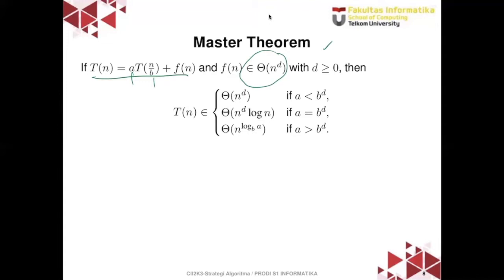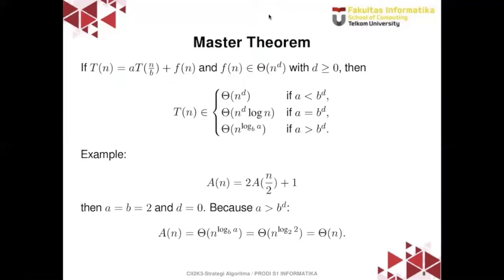We can say that d is the largest order we have in f(n). After we get a, b, and d, we see the relation between a and b to the d, and depending on it, we can choose the complexity class for the algorithm.